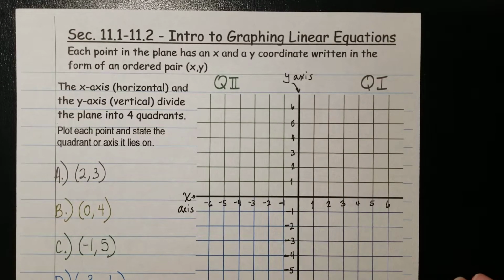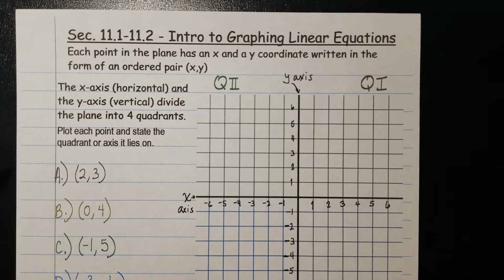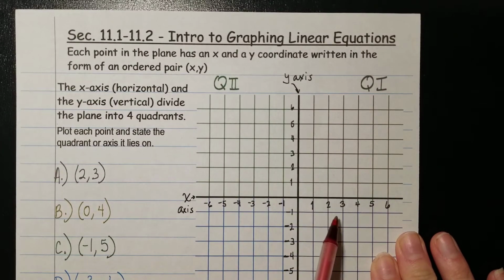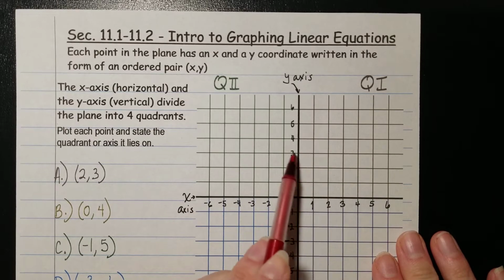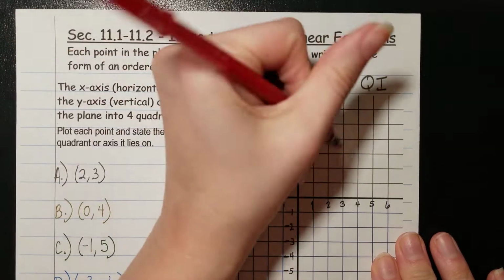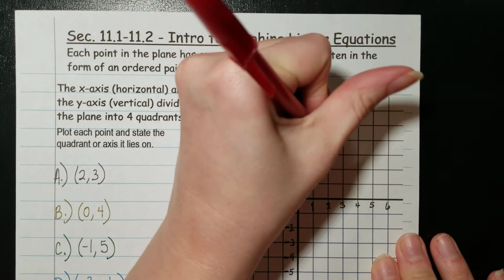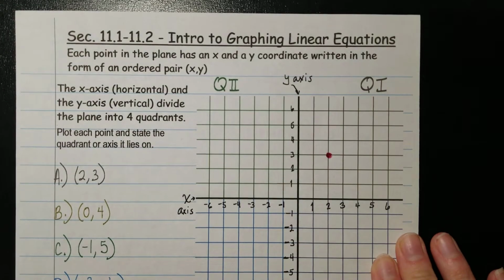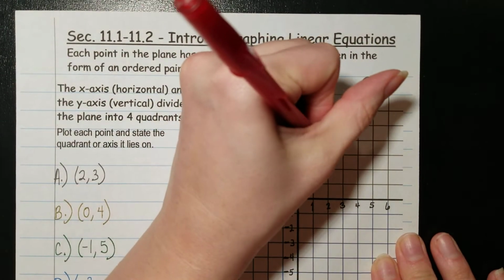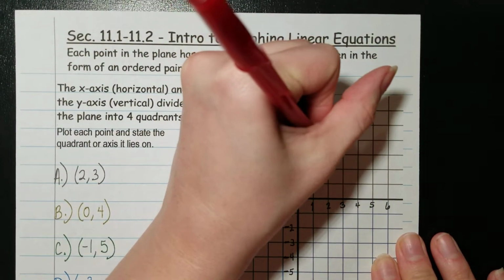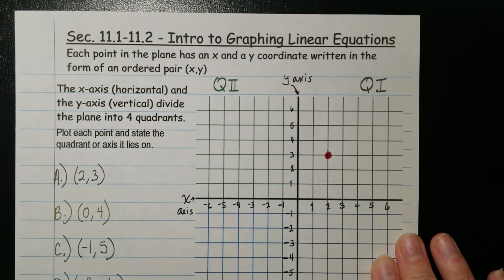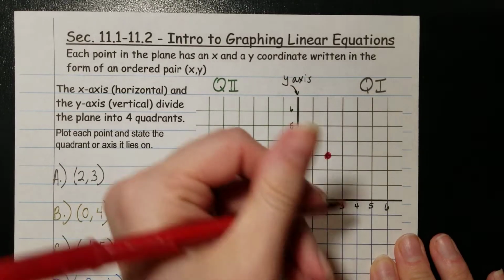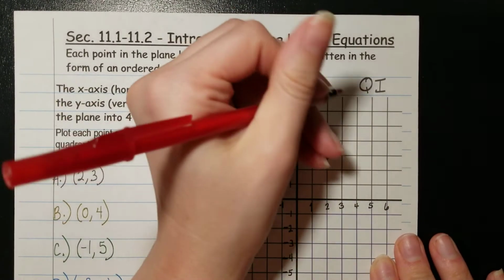Anyway, so let's plot the point 2, 3, point A. So x is 2, y is 3. So 2 on the x-axis and 3 on the y-axis, and where those meet, that's going to be where our point is located. Okay, and if you were doing a test where your task was to plot points, you'd want to label the point with either coordinates or the letter A. In this case either would be fine.